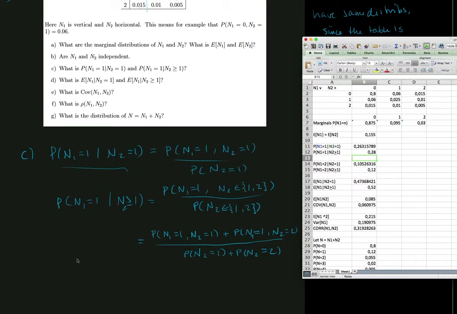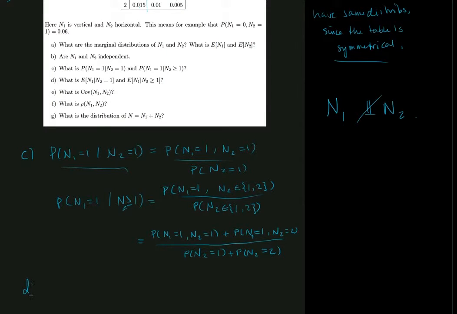Now moving on to the answer for D. What is the mean of N1 given that N2 is equal to 1? Well, we know the distribution of N1 given N2 equals 1, almost. So let's just see.